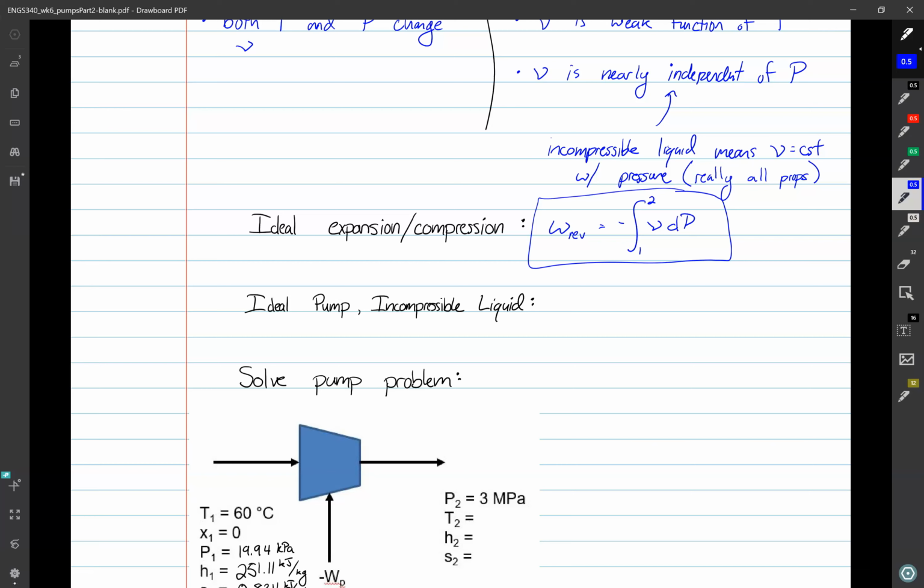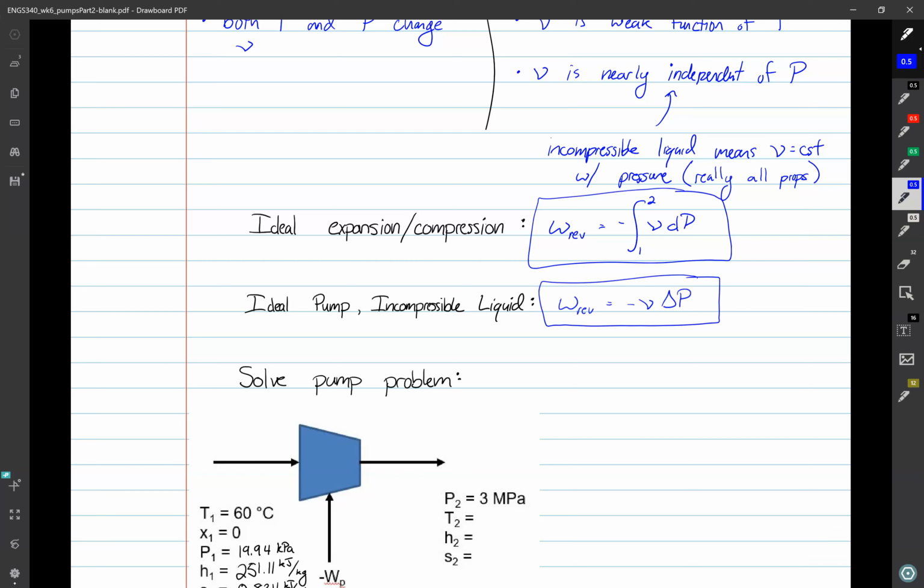If that's a constant, we can pop it out of the integral, and we get simply that the reversible work is equal to minus the specific volume times just the integral of dP, which becomes just delta P.